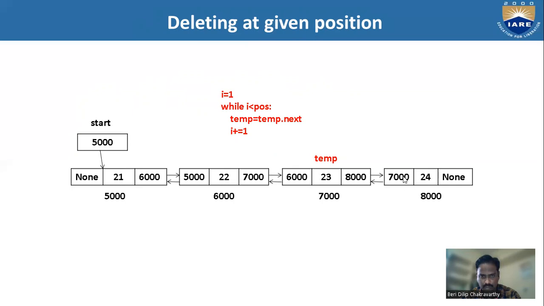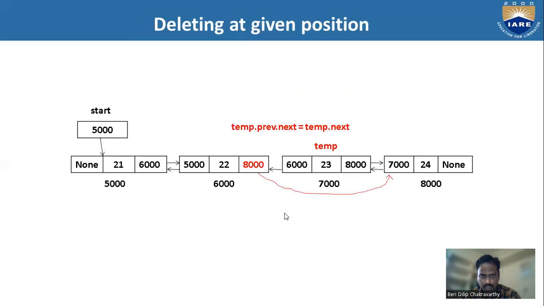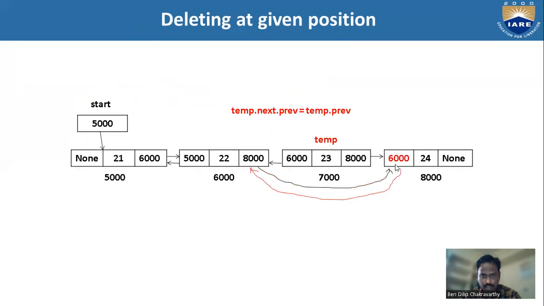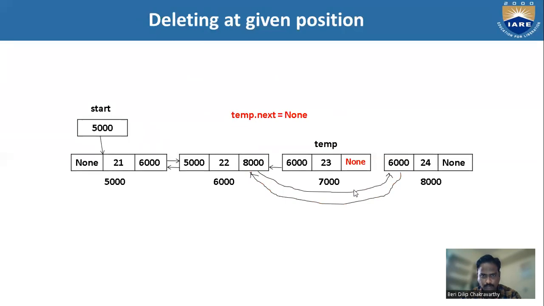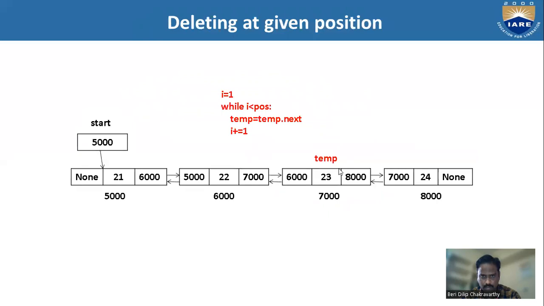And in place of 7000 here, I should give 6000. Simply, I am going to delete that. Observe here, I'll be getting 8000 here and 6000 here, and I'll be just removing these two things. So finally, I'll be getting this.